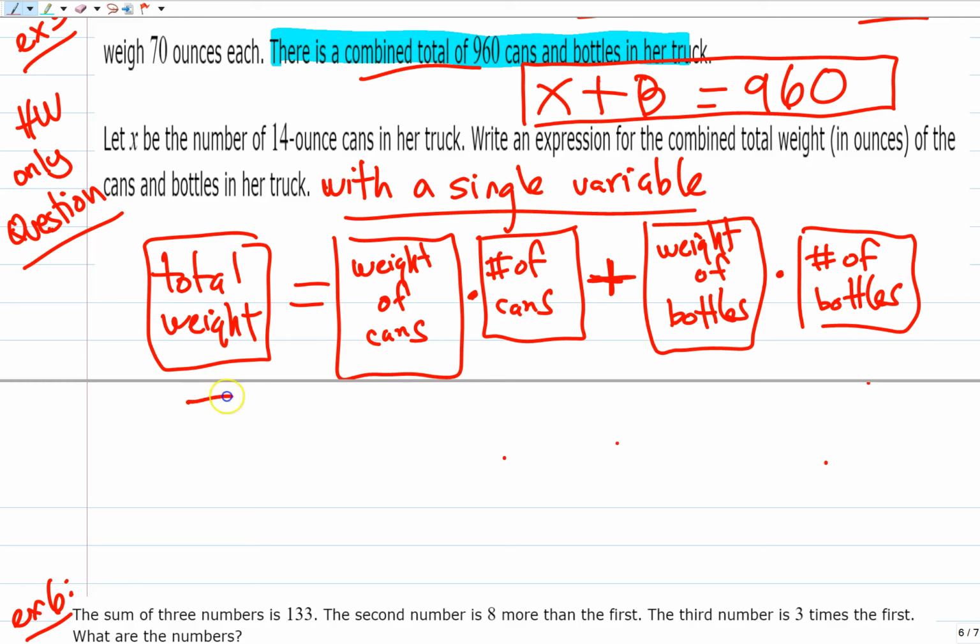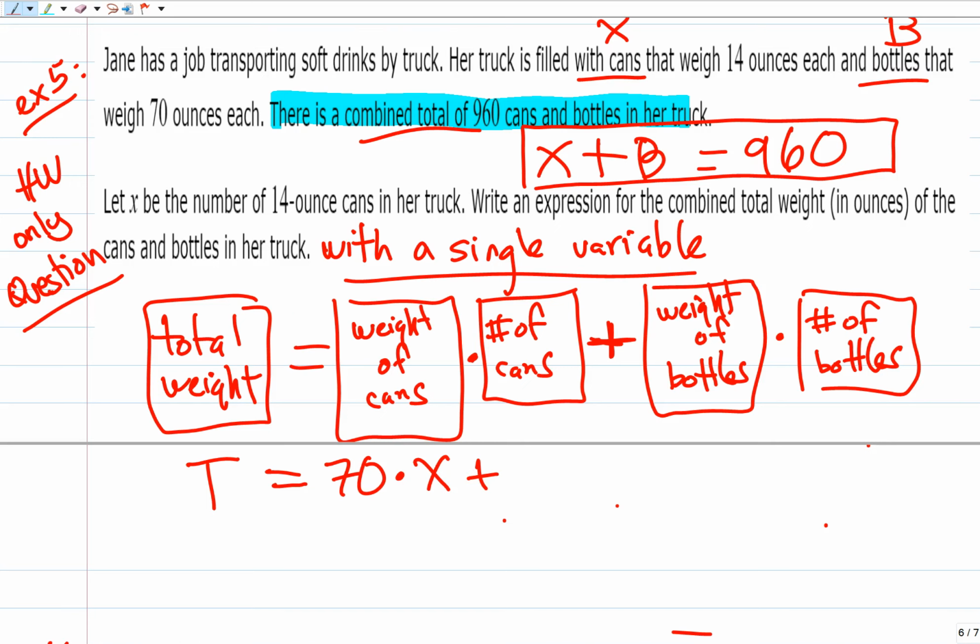So we'll just say the total weight is equal to, do you know what the weight of the cans is? What did it say? 70, right? Times, do we know how many cans? We don't know, but they said to call that X. Plus, do we know the weight of the bottles? It was up a little higher, but hopefully you wrote that down.